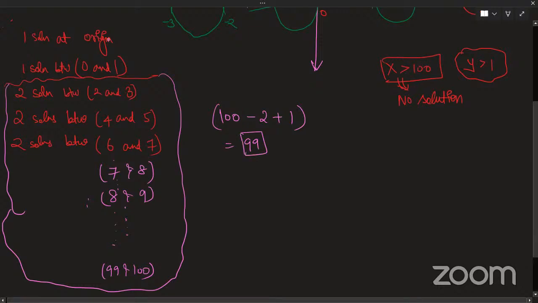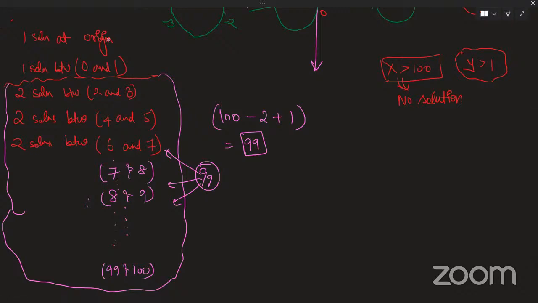So these are 99 solutions. Only these. Fine. ये हो गया 99. Then I have one solution between 0 and 1 also. So basically, for x greater than 0, I have total of 100 solutions.